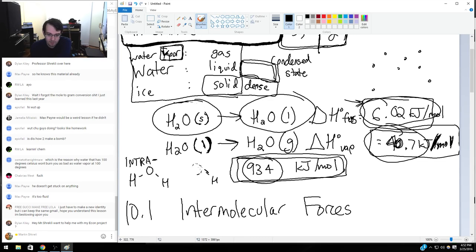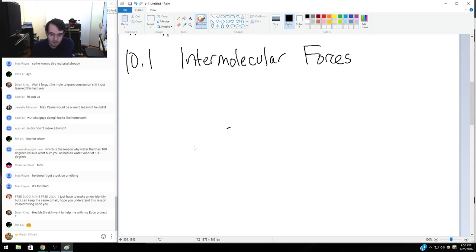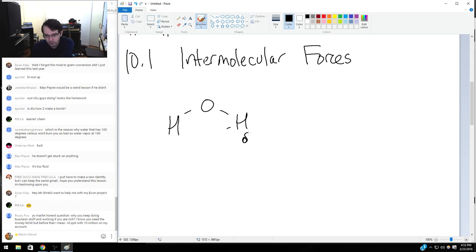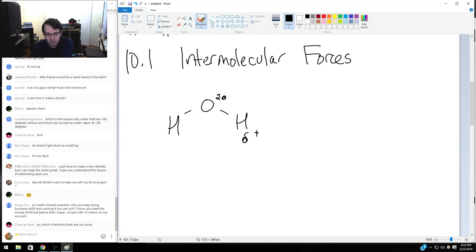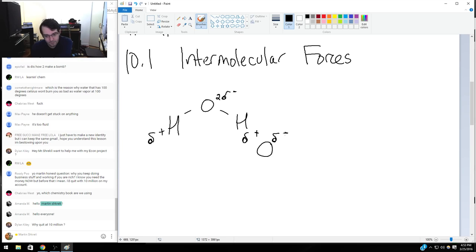But the forces between water molecules themselves, which we can draw below here and have more space, and we know that water does this, right? These sort of intermolecular forces, because we have these dipoles we learned about, right? We have this partial positive charge here, and there's two partial negative charges here because of the electronegativity of the oxygen. So what you'll end up having is this sort of dipole attraction that looks something like this.